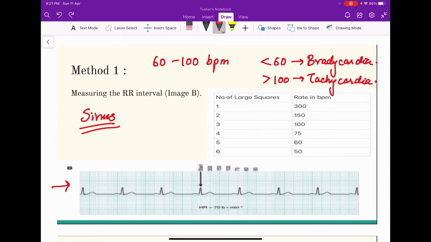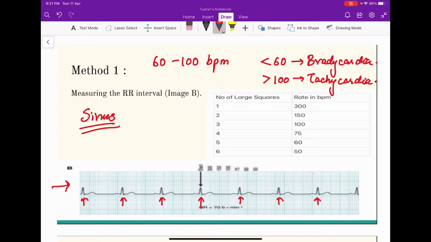One thing to note here is whenever reading or measuring the heart rate on an ECG, you need to find a QRS complex which is landing approximately at the border of the large square. The other complexes do not land at the border.